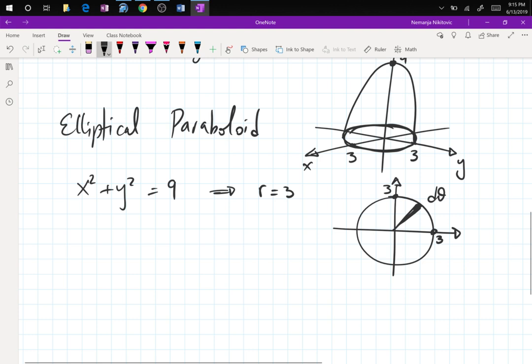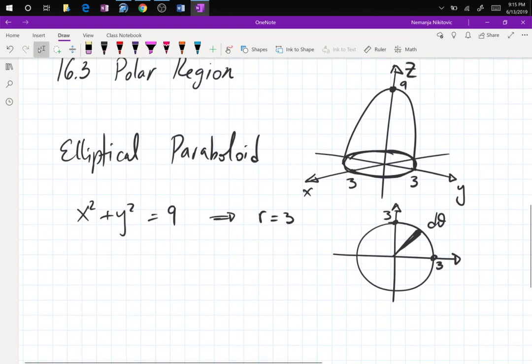But what we are interested in here is how to calculate the entire shape. You see this z over here, which is f of x, y, has a formula of 9 minus x squared minus y squared.